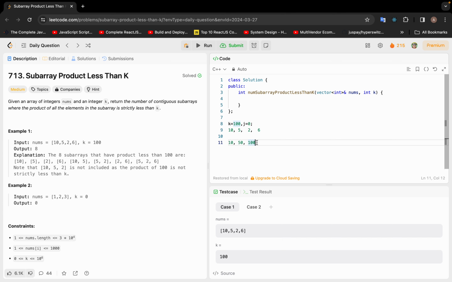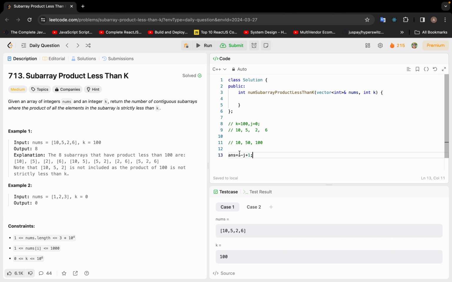And whenever we get the product less than k, we will count that in my answer variable, right? So what we will store is i minus j plus 1.